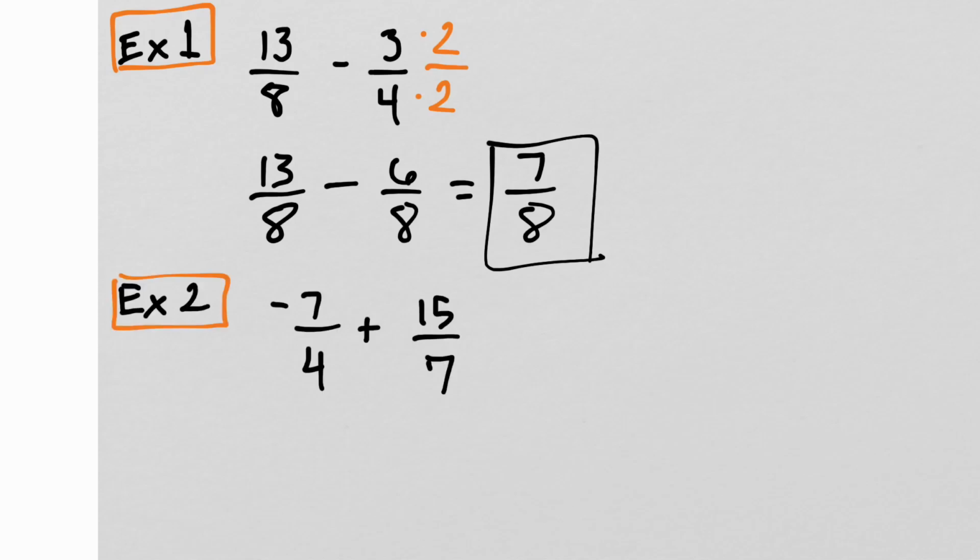Again, here I don't have common denominators, so I have to get them, and the least common multiple for these is just when I multiply those together. I can't change the 4 into a 7, so I'm going to multiply this one by 4, because that will change the bottom into 28.